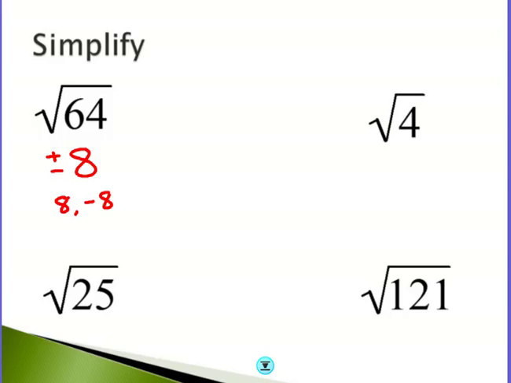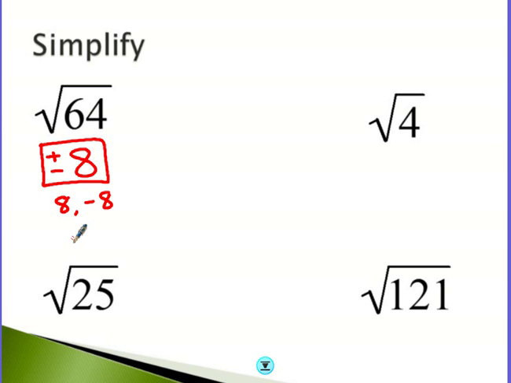Okay, that is 100% true. But negative 8 times negative 8 is also a positive 64. So you have to write a plus and a minus. Always. So if this is a perfect square, when you pull it out, plus or minus 8, or a positive 8 and negative 8. This is the way we're going to start wanting you to write it, but it's the exact same thing right here. Okay? Because it makes sense for both of them.